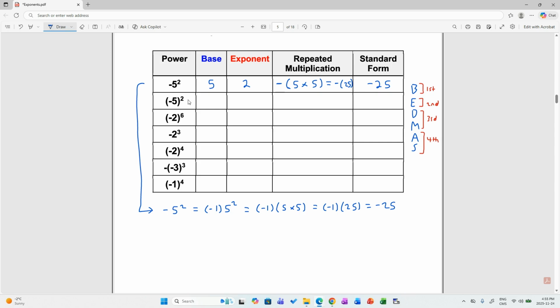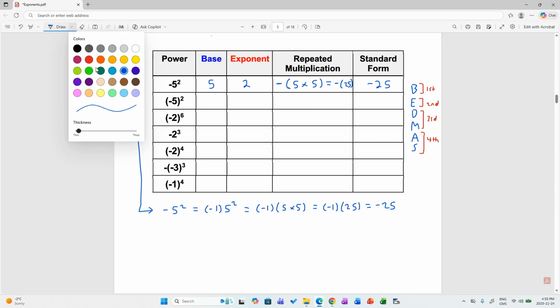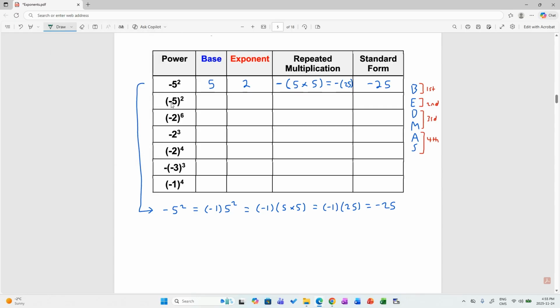Now, let's go over an example that's a bit different. I'm going to use green for this one. Let's go over (negative 5) squared. Now, in this case, remember what I said. If the negative is on the inside of the brackets, it is simply included in my base. So my base is going to be negative 5 in this case, and my exponent is 2.